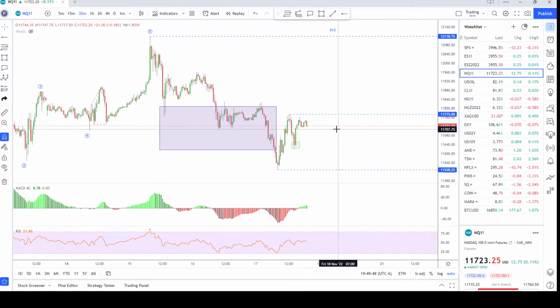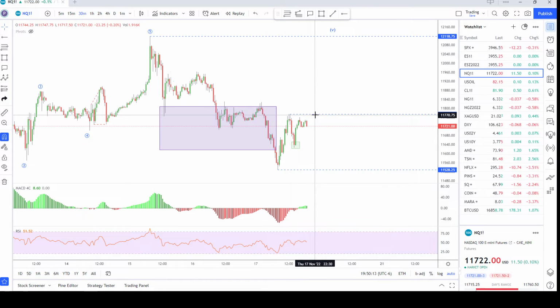Futures right now, it's actually starting to fall again, but this could all be just correction. It looks like a 1 2 3 up and 1 2 3 into this support area, and so this could be 1 2 3 going up. So this could be just correction for this up move. So keep an eye on this area.